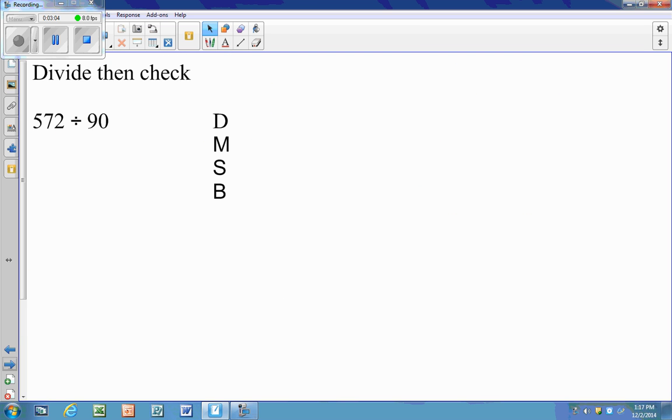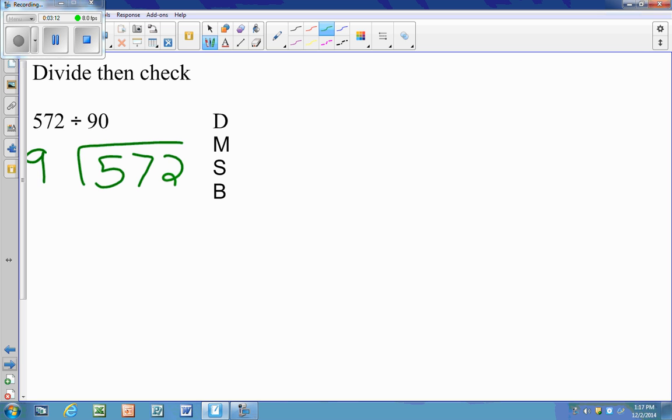Next, we're going to divide 572 divided by 90. We're going to walk through this one a little slower. And before I even get started, on the side, I'm going to take my 90 and do my multiplication tables. And that might help me to figure some work out later.